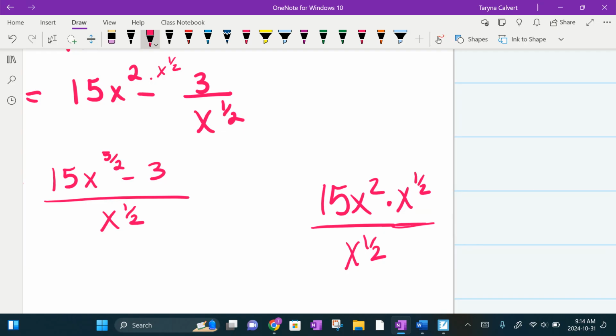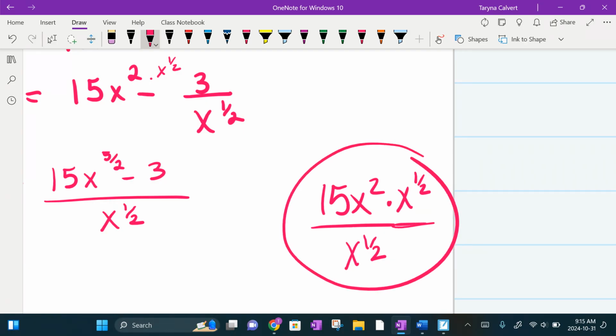All I'm doing is making sure that you can get a common denominator over the 15x to the power of 2. So if I needed a common denominator, I would need to multiply the top and bottom of the 15x squared over 1 by x to the half. This right here is just dealing with my 15x to the power of 2 term.